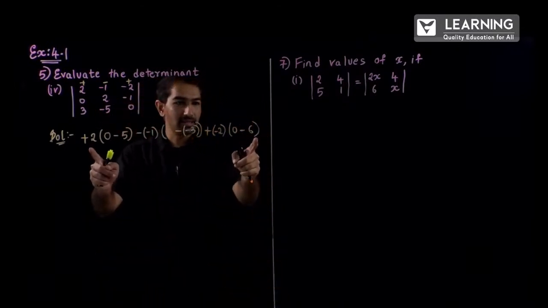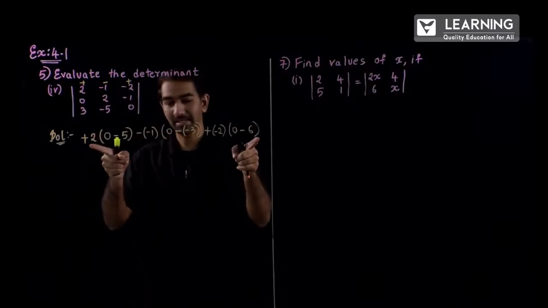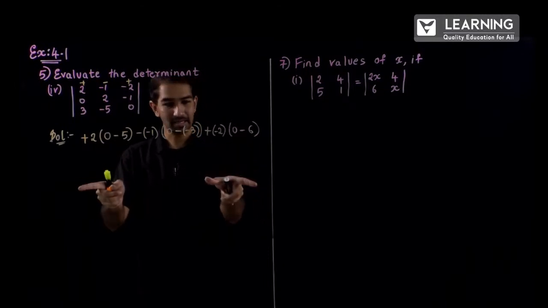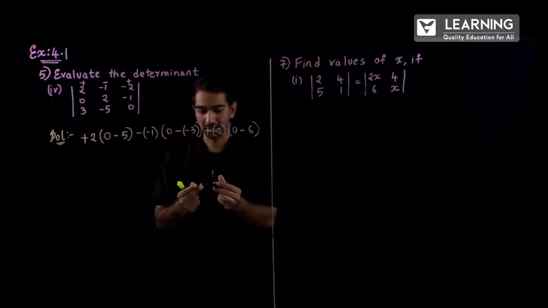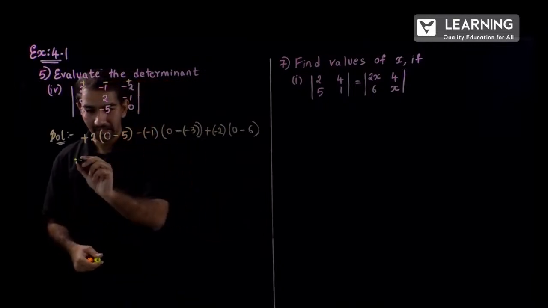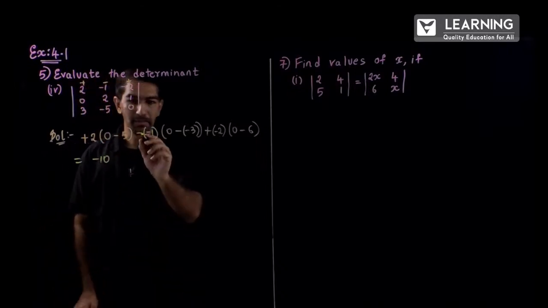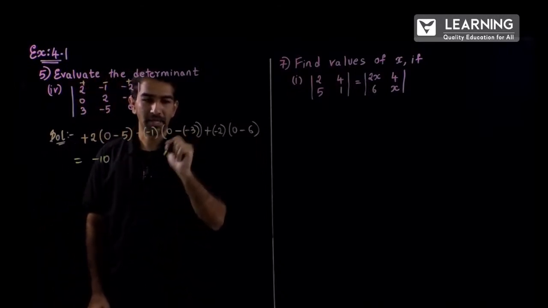See this line, when you are writing, you have to write it very carefully. Once you write this line correctly, the next procedure is nothing but simplification, and that you can do very easily, right? So let's begin with the simplification, which is equal to 2 into minus 5 is minus 10. Minus into minus is plus.